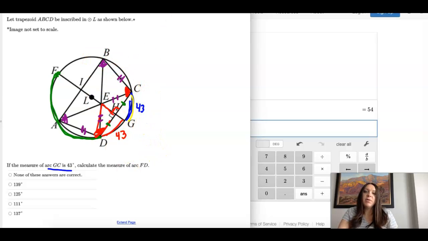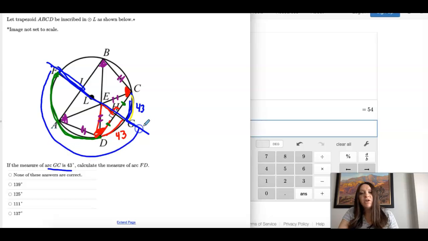So now I want you to notice that we have a diameter here. That means that this whole side of this circle, the arc length, would be 180 degrees. It's half of the circle. So we want to subtract the 43 that we have, just because we want this section without the 43.